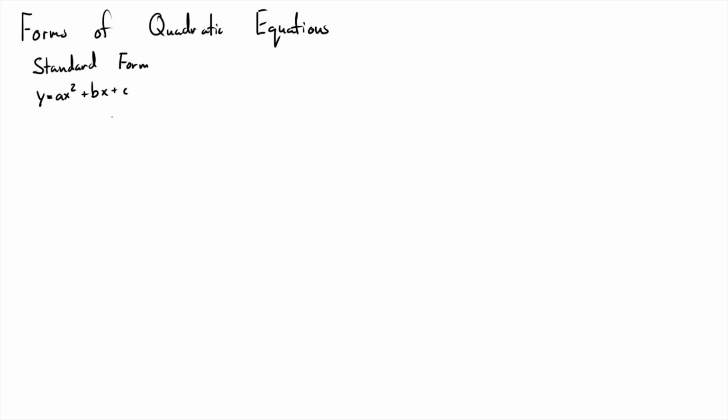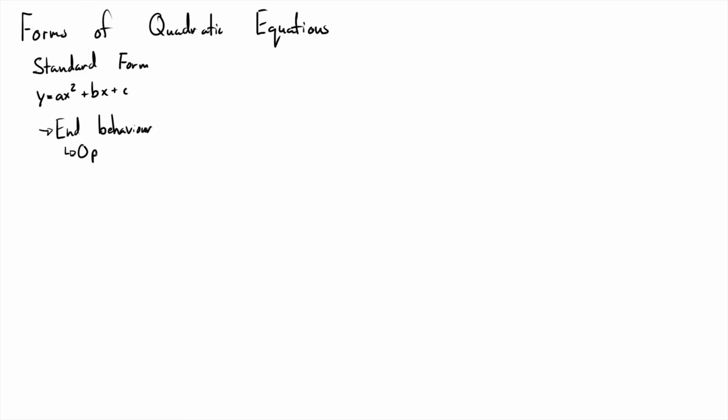Okay, so this is the standard form of a quadratic equation, and we can ask ourselves, what does this tell us? This tells us the end behavior. This may be a new word, but really all this means is, is it opening up or down?